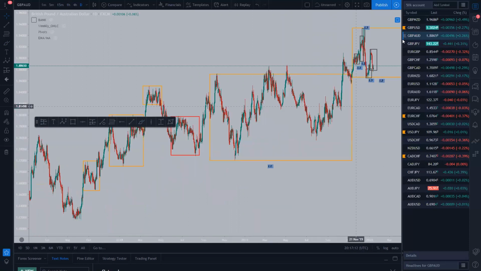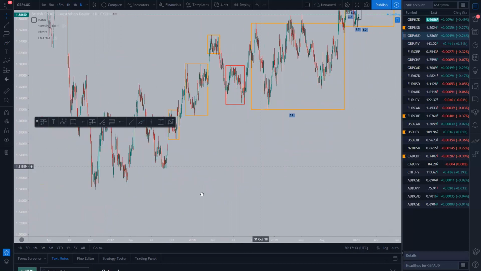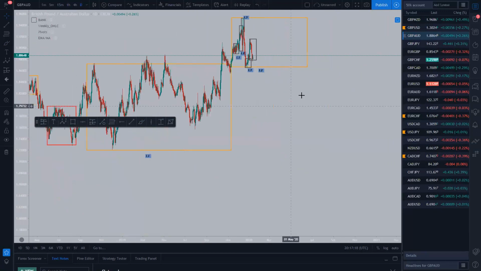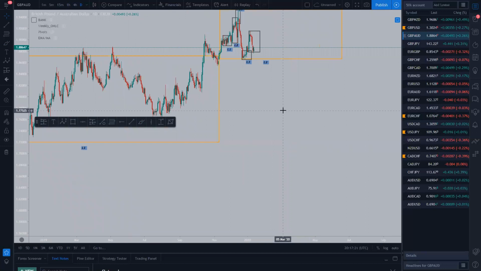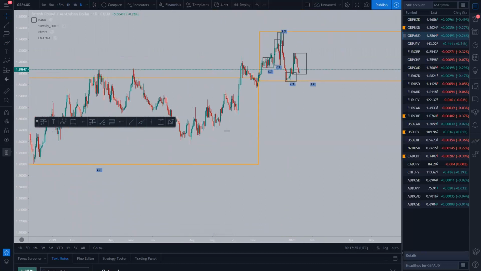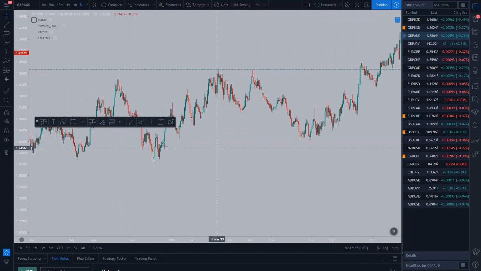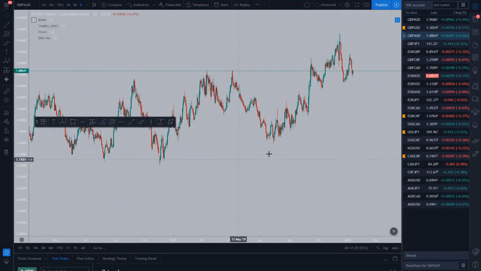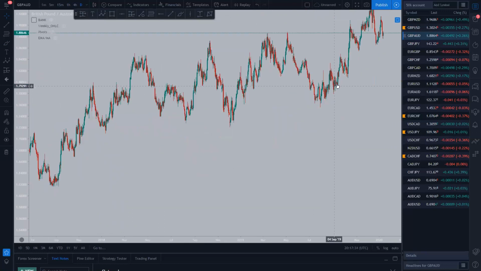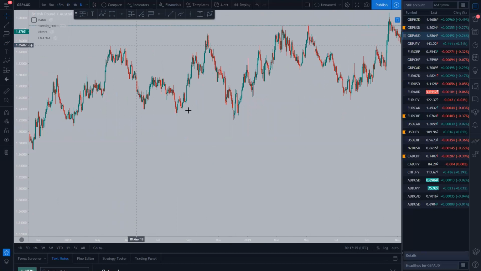All right, so this is the daily time frame for pound Aussie dollar, okay? So this is what I traded today. Now, I'm going to delete all of this. It's a shame, but I'm going to delete it just for you guys, all right? Now, this is the daily time frame, okay?